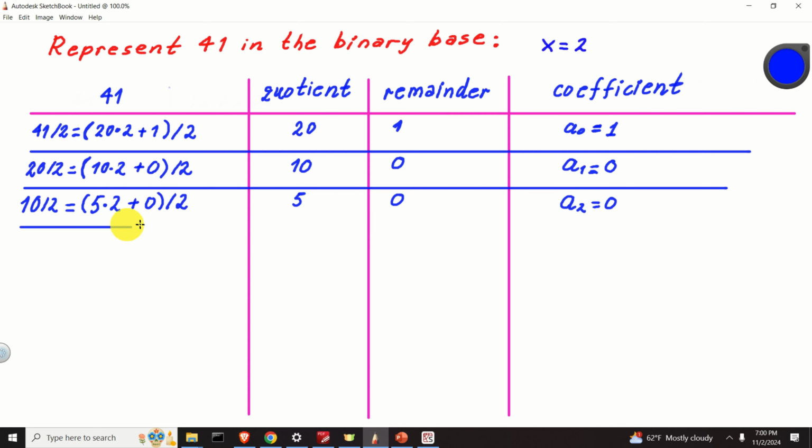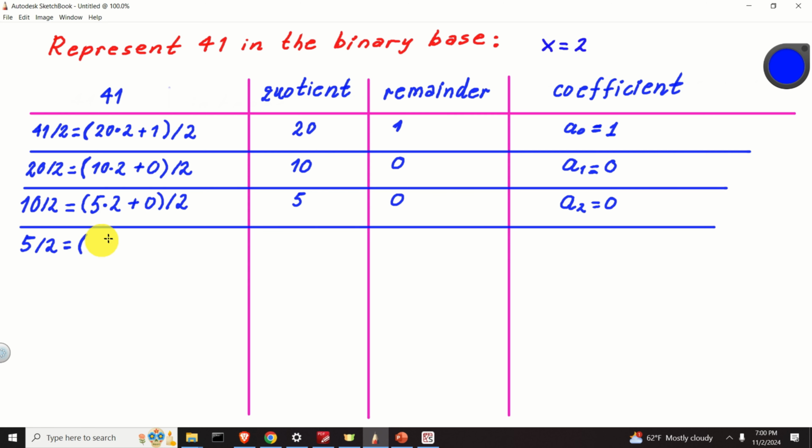Good. Let's repeat this procedure a few more times. Now we take the quotient, it's 5. We divide the quotient by the base. This is equal to 2 multiplying the base 2 plus 1 divided by 2. From here we can see that the quotient is 2, the remainder is 1, and the coefficient a3 is equal to 1.